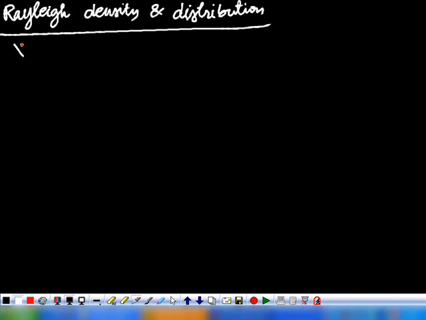So let us take x, which is a continuous random variable, and its probability density function is denoted as fx of x.